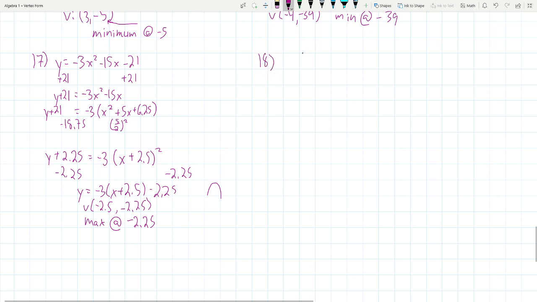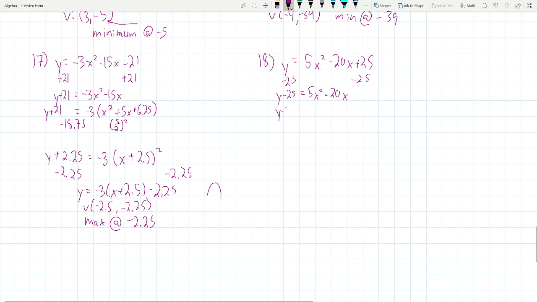Do one more. Y equals 5x squared minus 20x plus 25. Subtract the 25 from both sides. Y minus 25 equals 5x squared minus 20x.